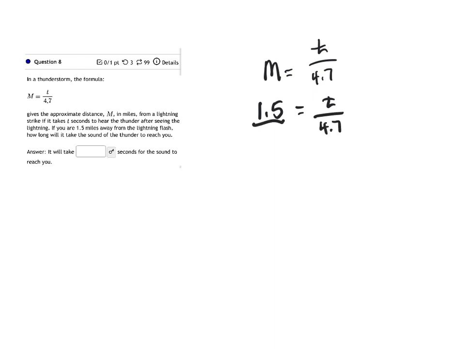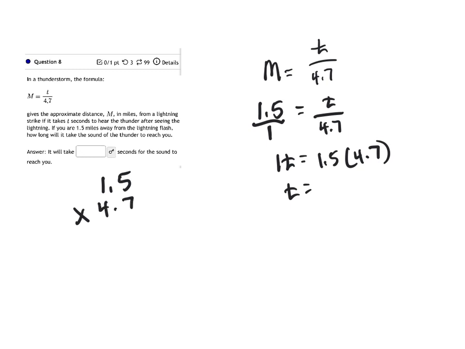Make this a fraction. It's not really a fraction, it's a decimal as a fraction. Cross multiply, so that's 1 times T, 1T equals 1.5 times 4.7. It's just a shortcut there. So T equals, use your calculator. If not, go over here, 1.5 times 4.7. 7 times 5 is 35.